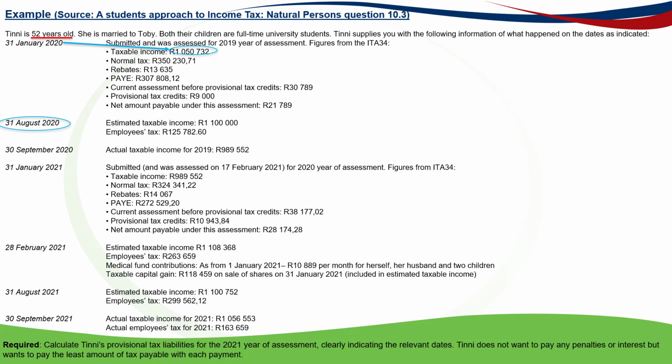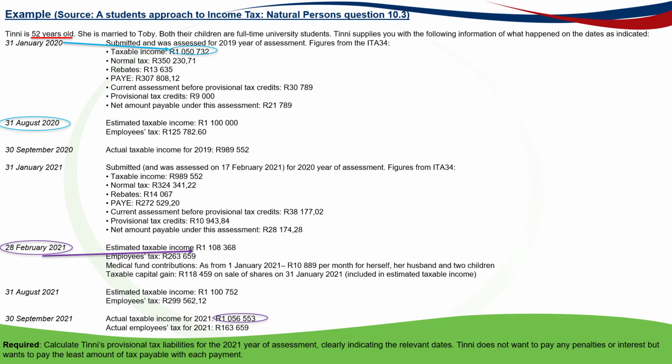The second provisional tax payment needs to be made on the 28th of February 2021. The estimate on this day is 1,108,368, but before it can be used as a basis for the second provisional tax payment, this amount should be compared to the minimum amount, as the taxpayer does not want to incur any penalties.